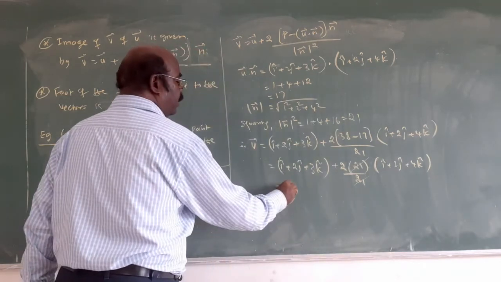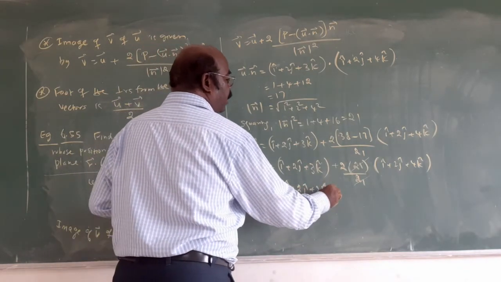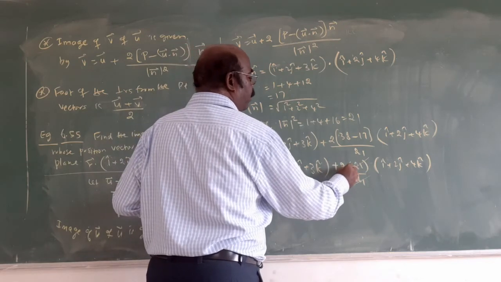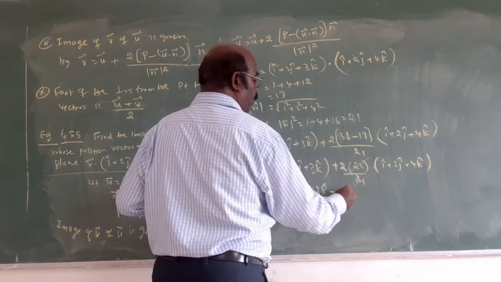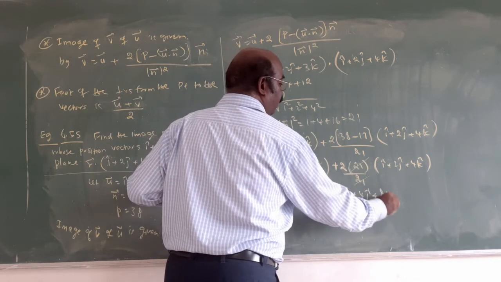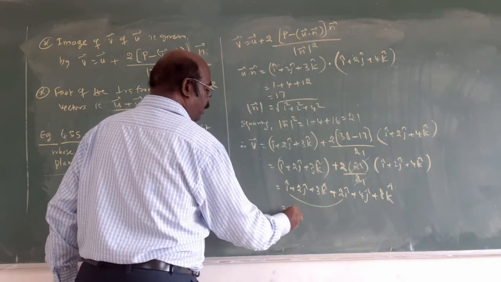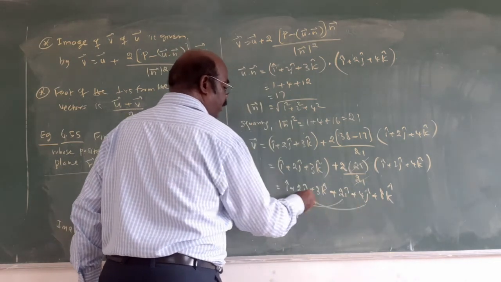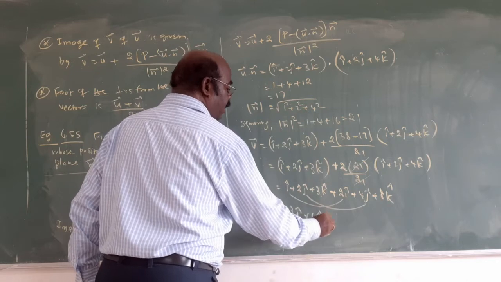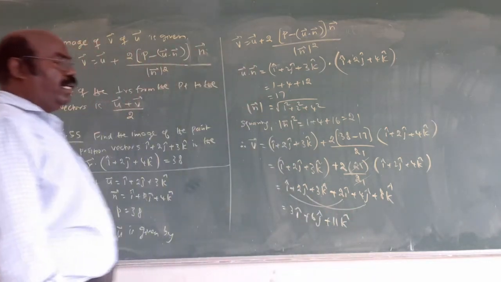Once again, i plus 2j plus 3k. Now all the numbers are 1 to 2. Am I correct? 2i, 4j plus 8k. Now adding, I will take 3i vector, j with j, 6j vector, plus 11k vector. In this way, you will find the image.